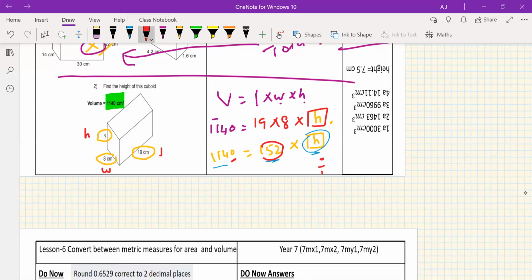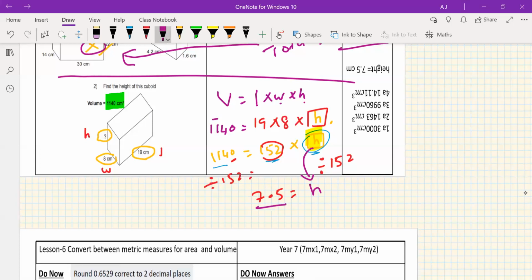So I'm going to divide both sides by 152. So if I divide them, what do I get? 1,140 divided by 152, I will get an answer of 7.5. Remember this question, we have a box here where we put height. So that will be our final answer. Height is equal to 7.5.